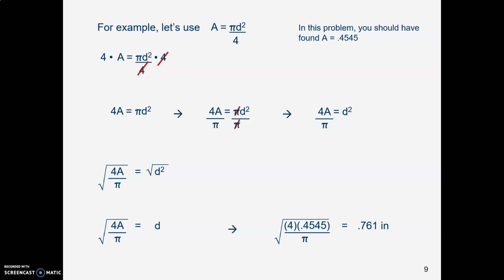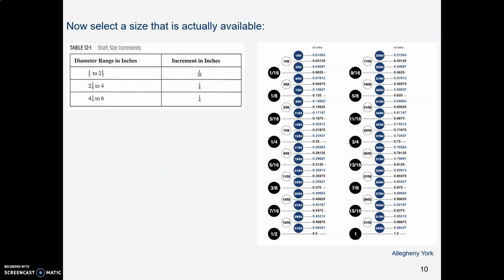That's great. What happens when you go down to the parts house and you say, give me some round steel rod that's 0.761 in diameter? They will say, what are you talking about? We don't sell those. So what we need now is to find a size that they actually do sell. Now it turns out that in this range of sizes, round rod is available in increments of 1/16 of an inch.